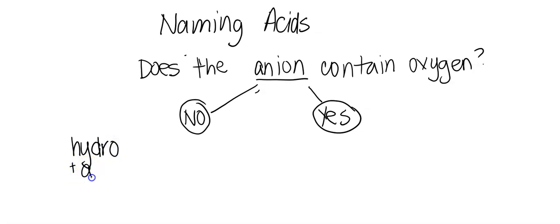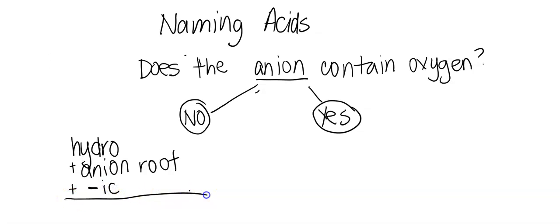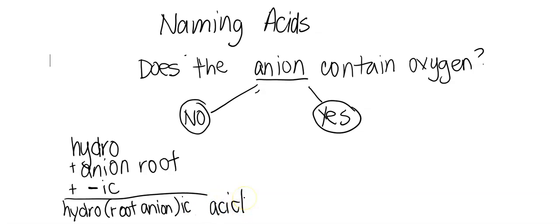You're going to include the anion root portion of the name, and then you're going to add the suffix ic. So you end up getting hydro, root of the anion, ic, and you add the word acid.